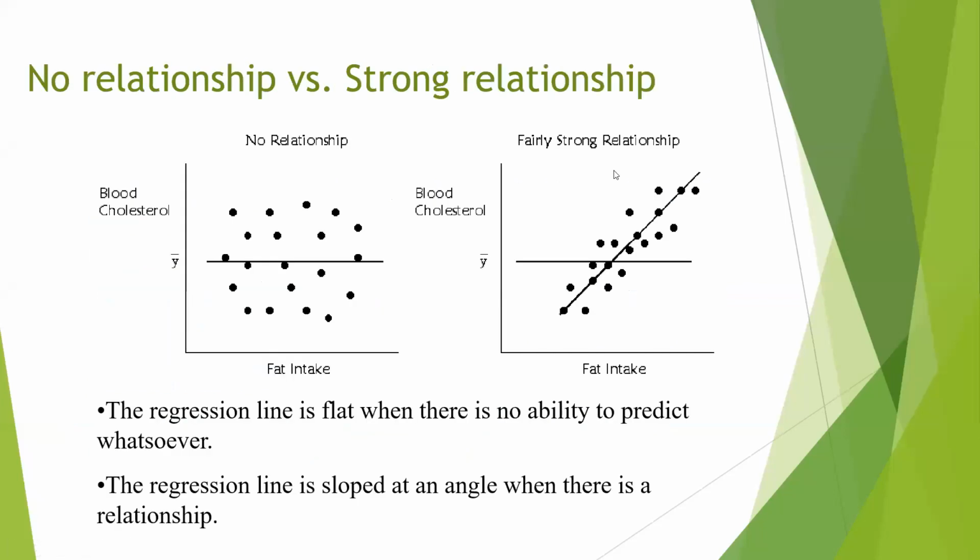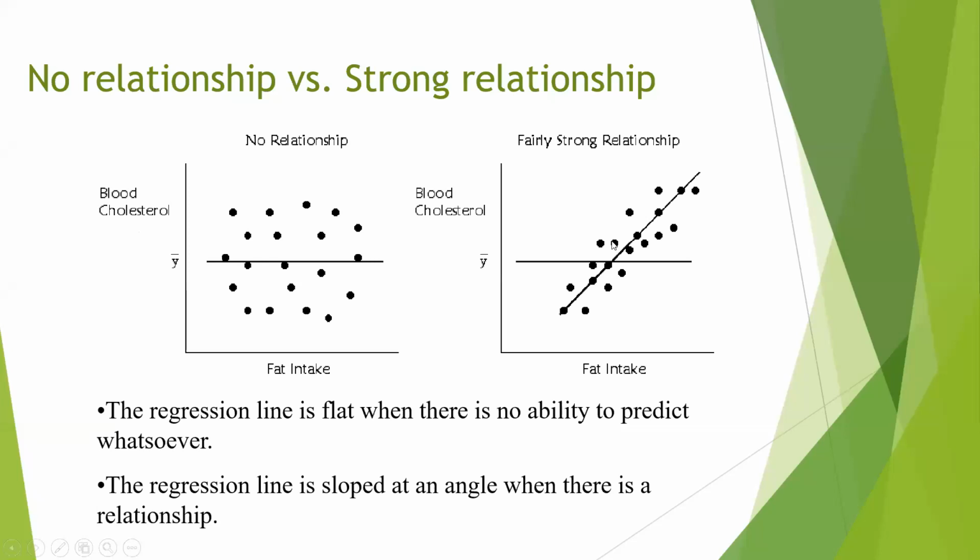Next slide. No relation versus strong relationship. This is a simple regression between fat intake and cholesterol, if we are finding out the relationship. And if this kind of scatter plot comes, we cannot predict blood cholesterol with the help of fat intake.